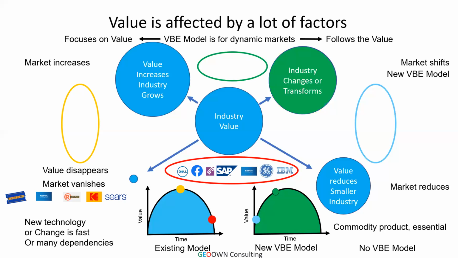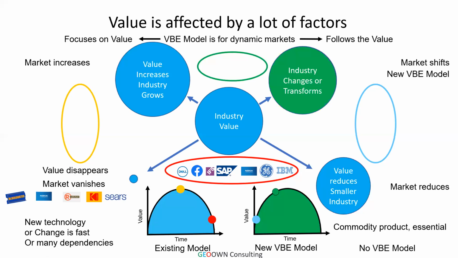The red ones are the companies which are near to the declining part. Previously, the companies we saw had perished, and these are near to perishing, or if they don't innovate on their VB model, it could be a different situation for them.